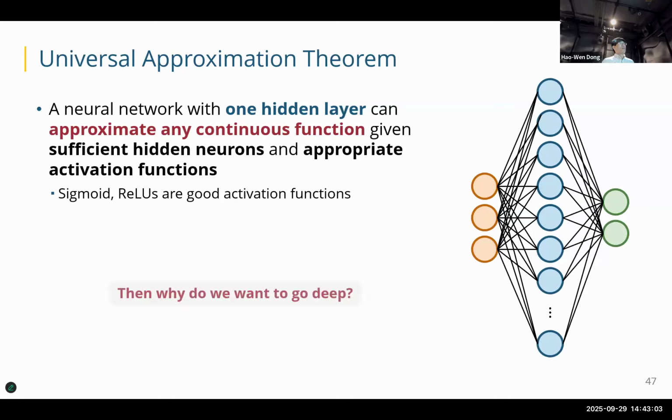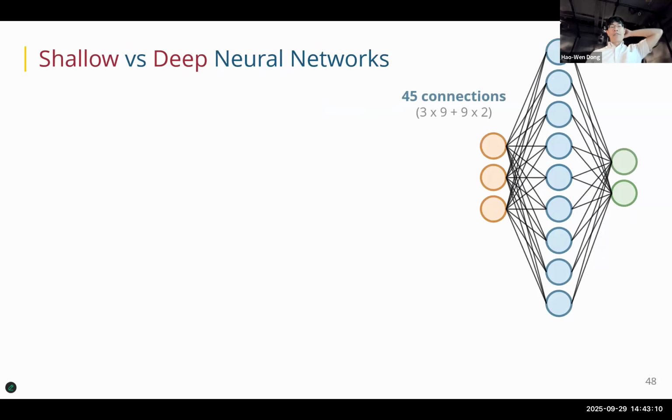So why do we want to go deep if this is the case? There's always this debate of shallow versus deep neural networks. So what's the difference? For a shallow neural network, we oftentimes look at this: we have three as the inputs, two as the outputs, and we could basically just grab nine hidden neurons here.